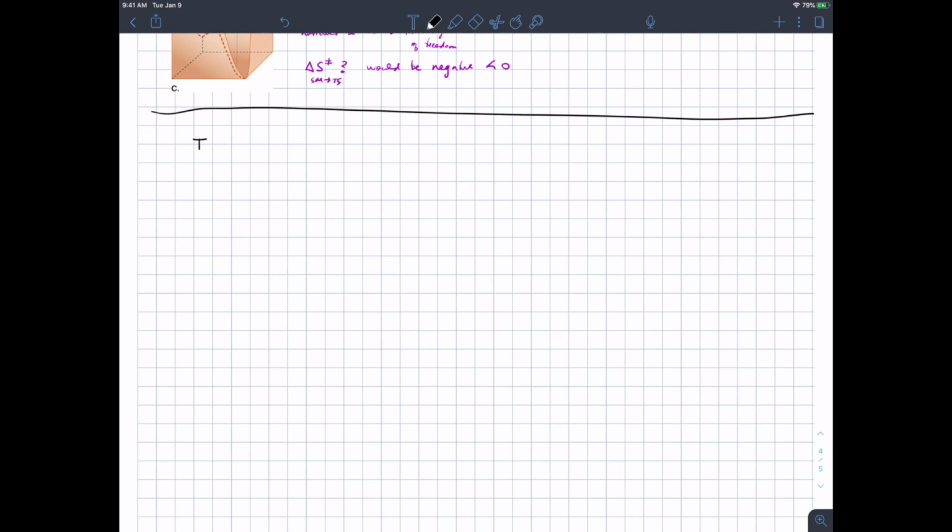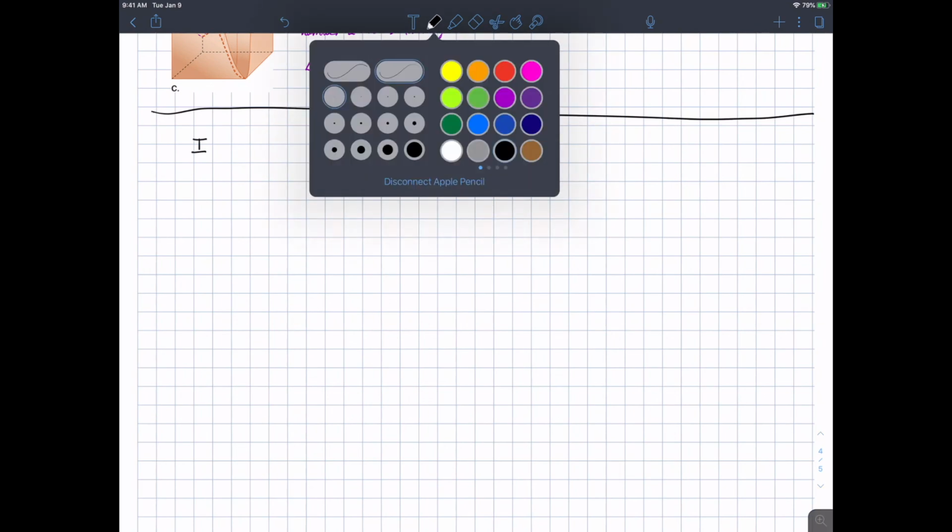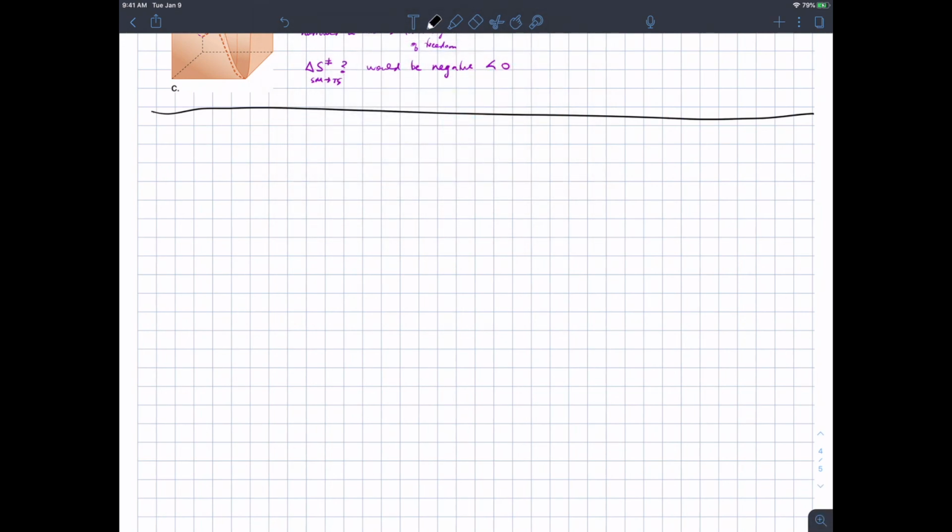So the one we're going to spend a lot of time on is called kinetic isotope effects. And the concept here is fairly simple. The concept is that we're going to think about bonds and bond vibration as springs.